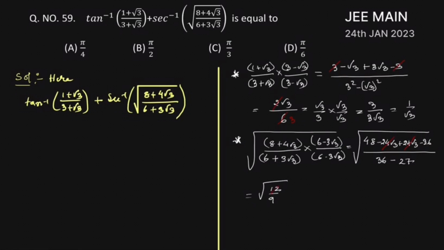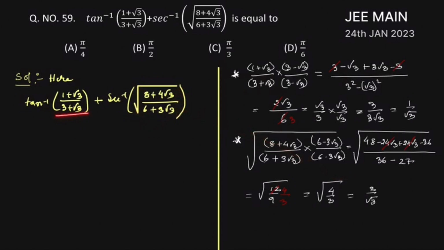Now 3 times 4 is 12, 3 times 3 is 9, which is equal to root over 4 by 3, which we are able to write as 2 upon root 3.